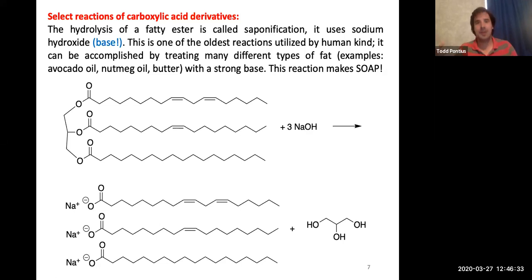We talked a little bit about it when we talked about bases, but basically what happens is if you take any type of fat, so we talked about how fats have this glycerol anchor to them, and then have these really long hydrocarbon chains.